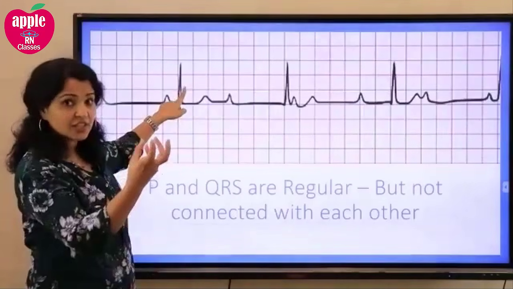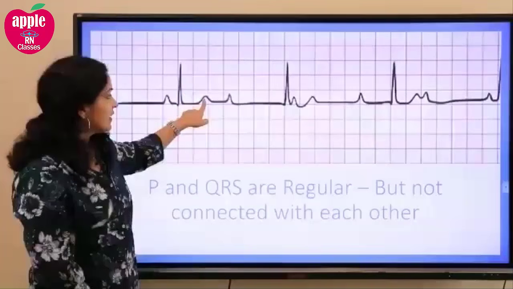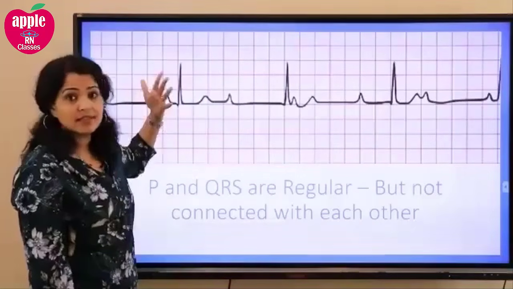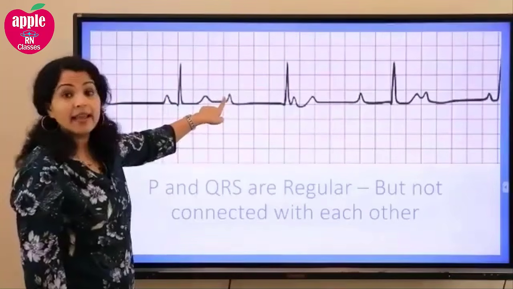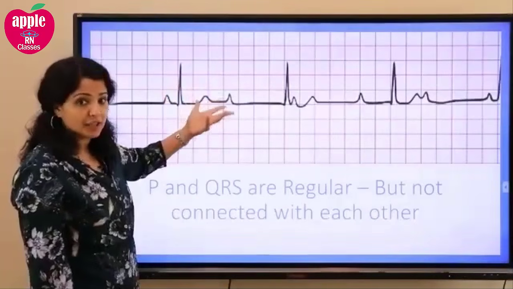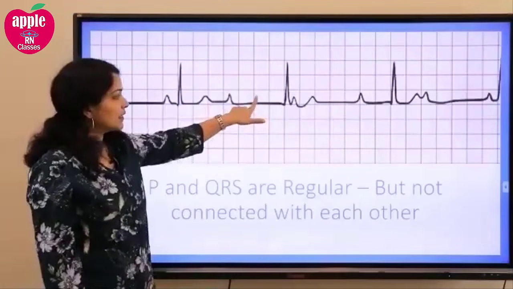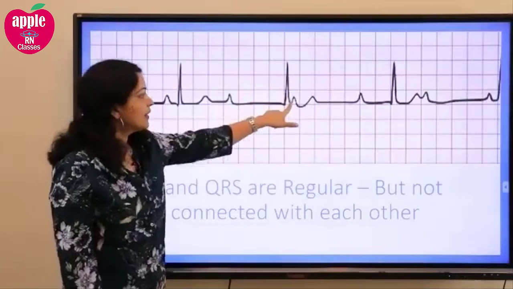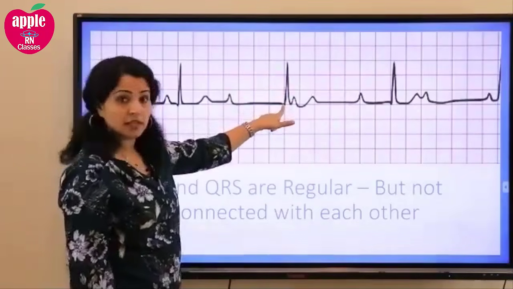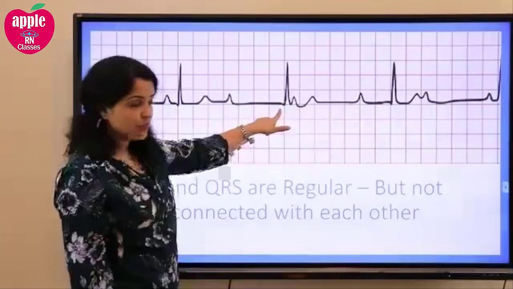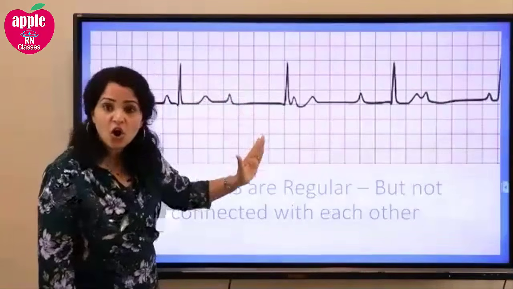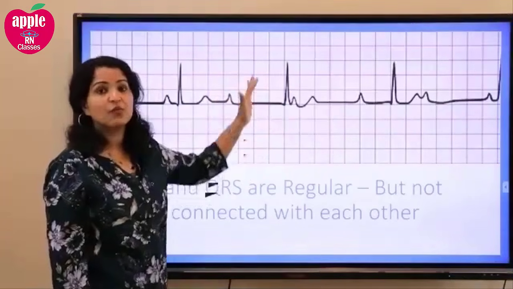The contraction of the ventricle is there, and then there is a T wave, which means the relaxation is there. Then again, there is a P wave, which is the atrium, which is also good, but then there is no QRS. And then there is no P, but there is a QRS. Which means P is not in association with QRS.